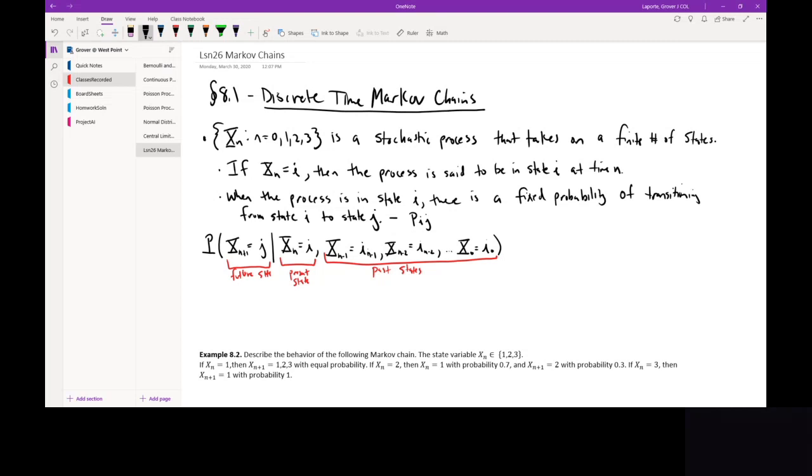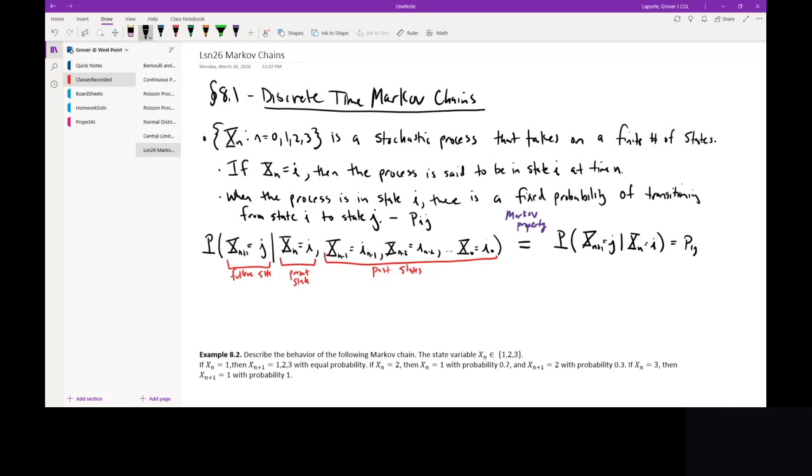And the Markov property states that this probability is simply equal to the probability that X_{n+1} is equal to j, given that my current state is i, and that's p sub ij.